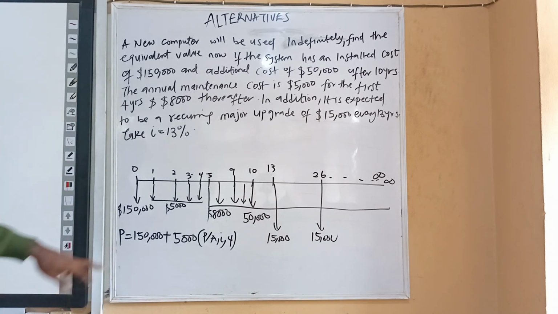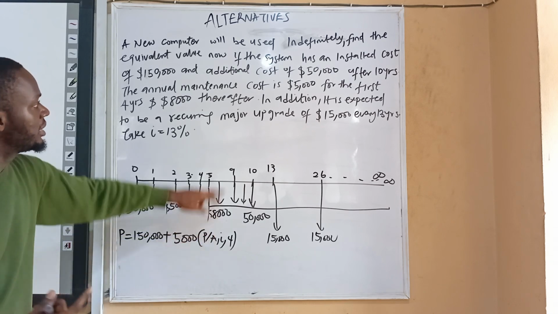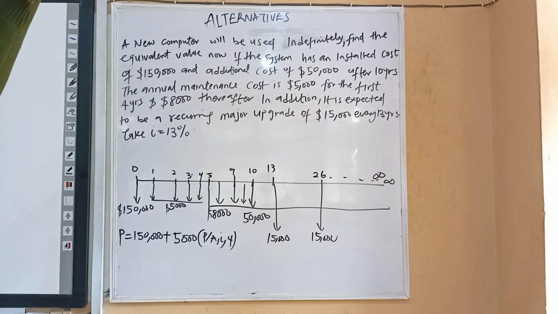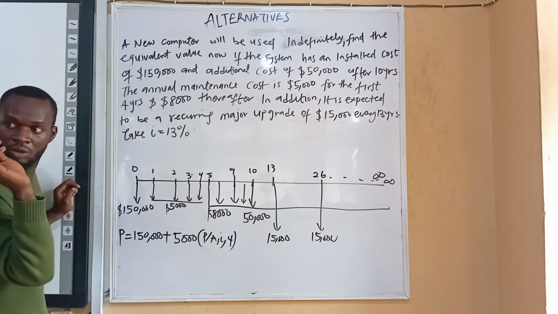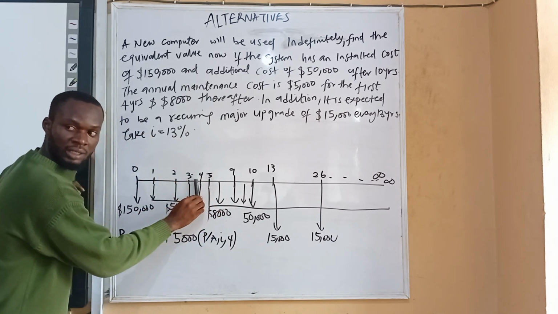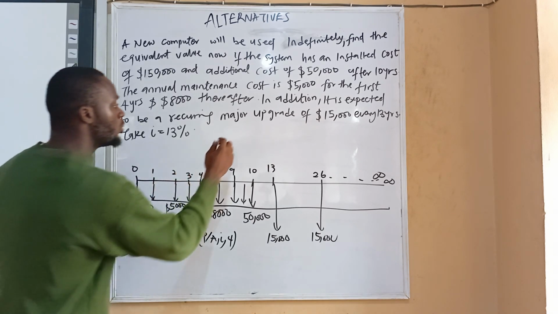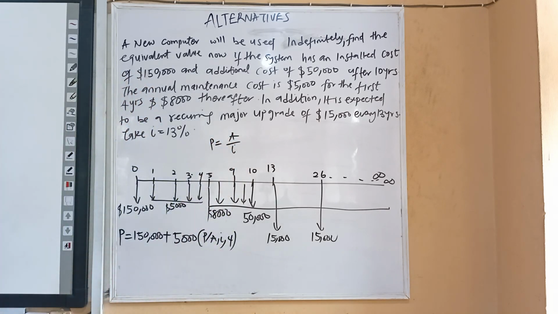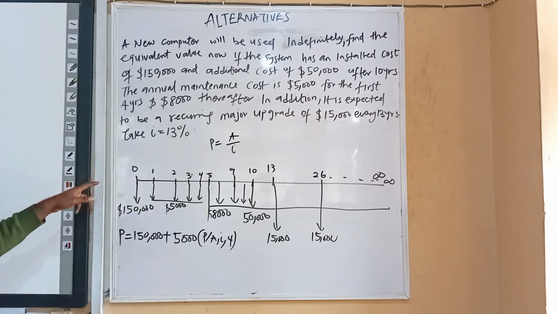The next one now, there's an 8,000 annual expense to infinity. So you bring it to the present as we did before. How do you bring it to the present? You do A over i. Once you bring it to the present, we now take it to 0.